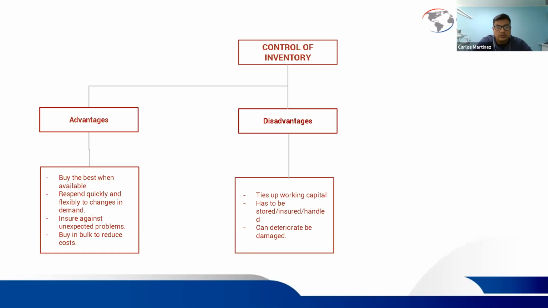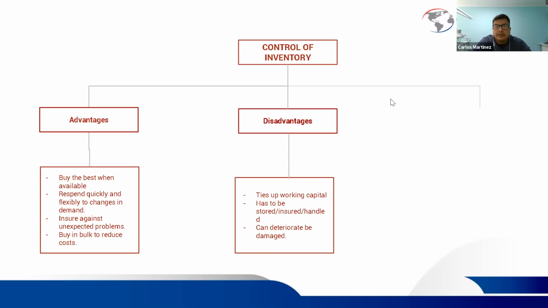You're going to need to invest in a storage place, make sure to insure it, and invest in people to handle your inventory. And of course, even after taking all these necessary precautions, items can still be damaged and deteriorated, and that could represent a loss.